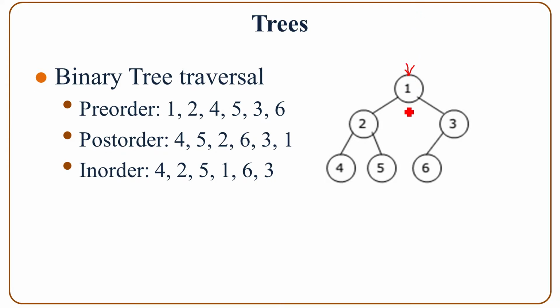So we visit the root, which is node 1, and then the left subtree, the root of it is node 2. And in its turn, in the subtree on the left, we visit its left subtree, which is node 4. Node 4 doesn't have any child.